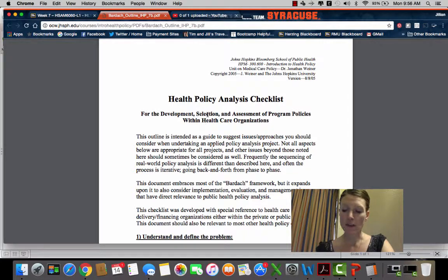A couple of the other things that we talked about: how can we use evidence from research for policy analysis? The notion of evidence-based medicine has been around for years. From a clinical side, we always thought of using research evidence, but we don't always think about it from the administrative side.